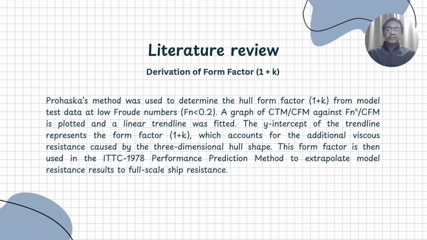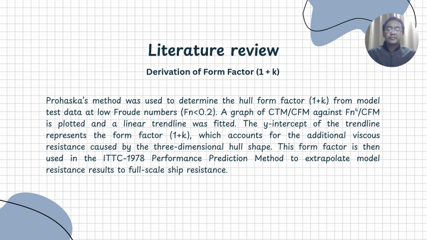Next up is the derivation of form factor 1 plus k. Prohaska's method was used to determine the hull form factor 1 plus k from the model test data at low Froude numbers where Fn is less than 0.2. A graph of CTM divided by CFM against Fn to the power of 4 divided by CFM is plotted and a linear trend line was fitted.